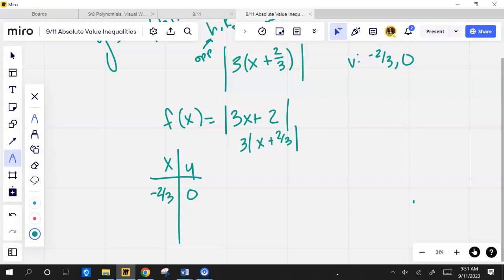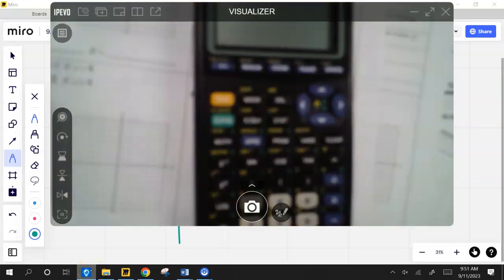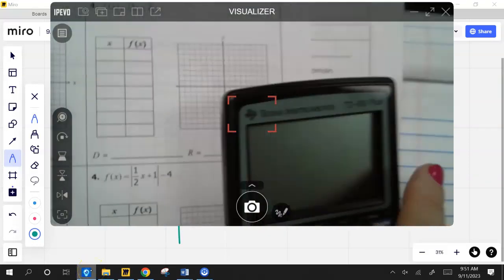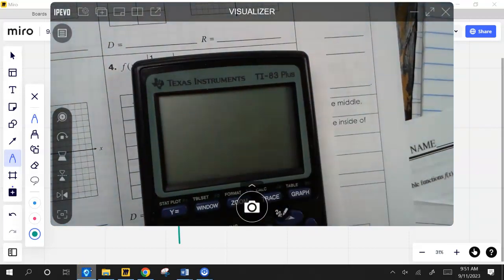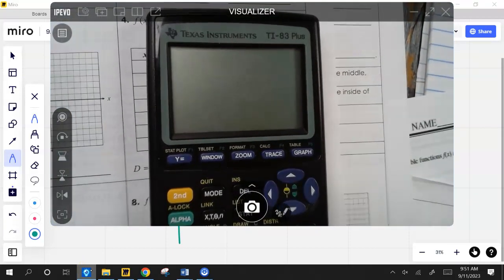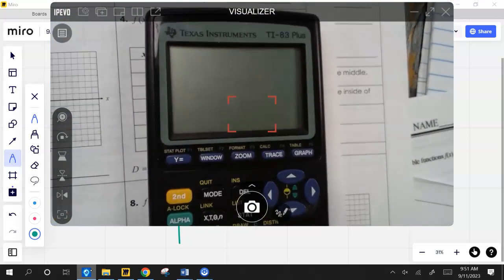And let's just make sure we can all go into that table there. Okay.